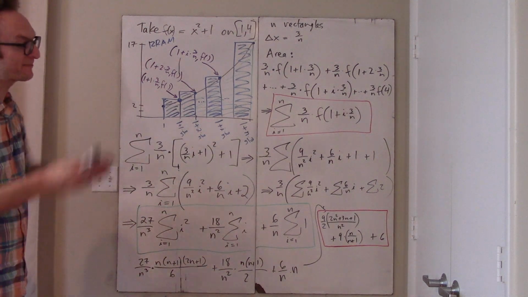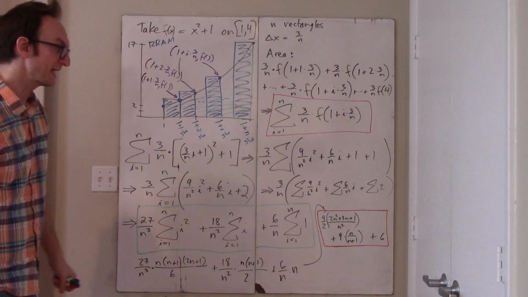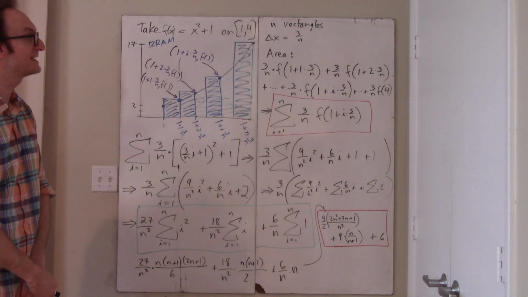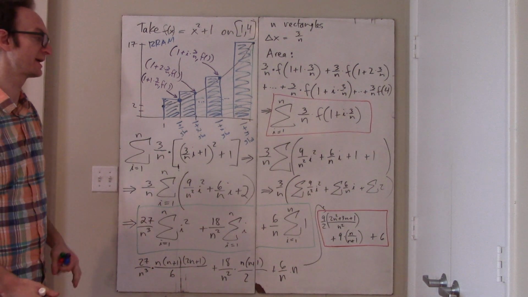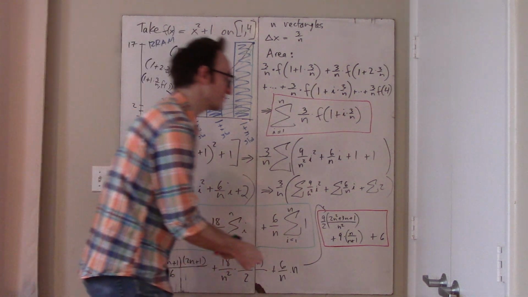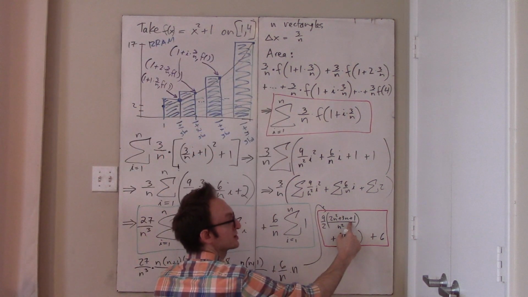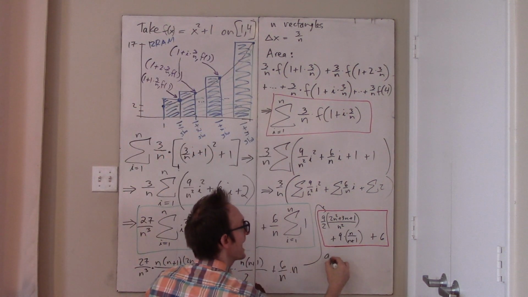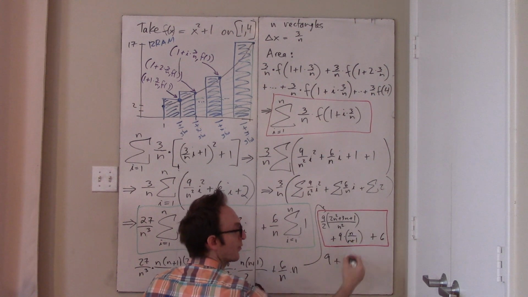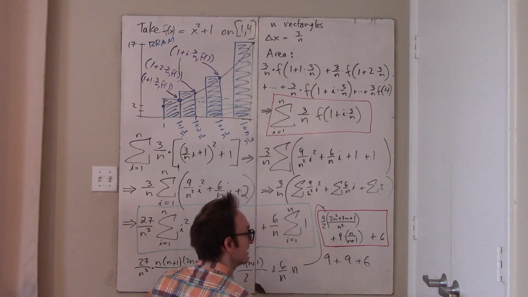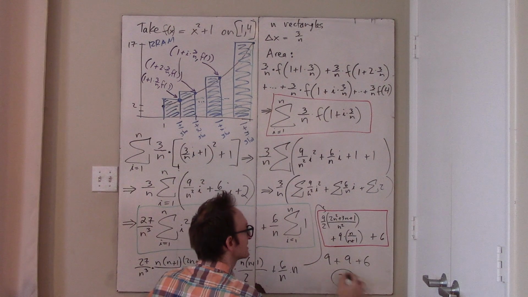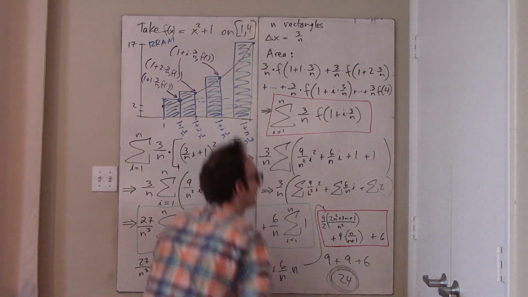And the final step, which is the glorious part, is to take the limit as n goes to infinity. If you take the limit as n goes to infinity, this rational function is going to 2. So I get 9 plus, this is going to 1 plus 6. And so the answer to this problem is 24.